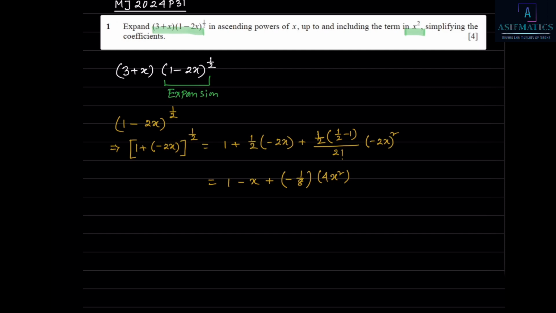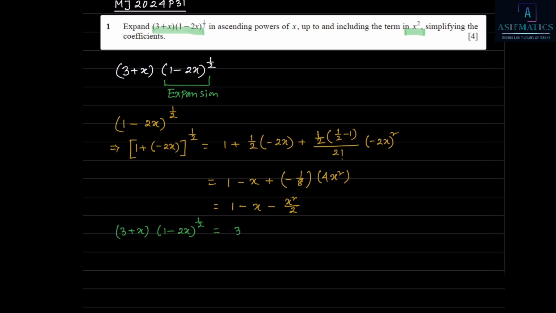So finally we will have 1 minus x minus x square by 2. So now we have (3 plus x) into (1 minus 2x) to the power half.